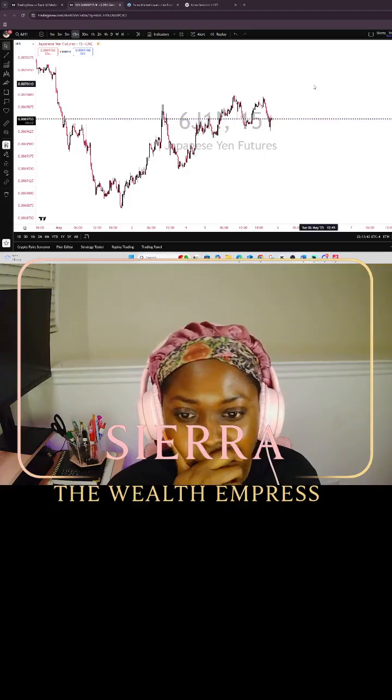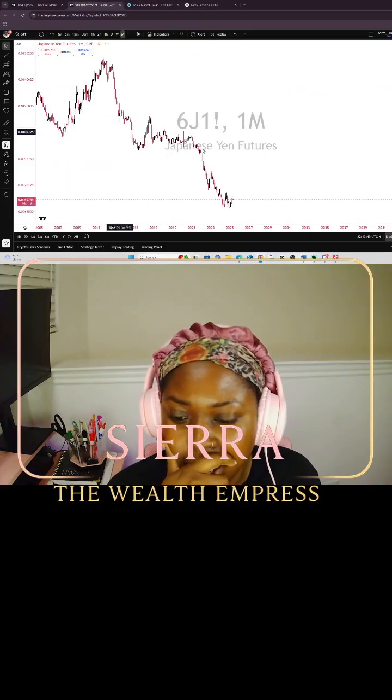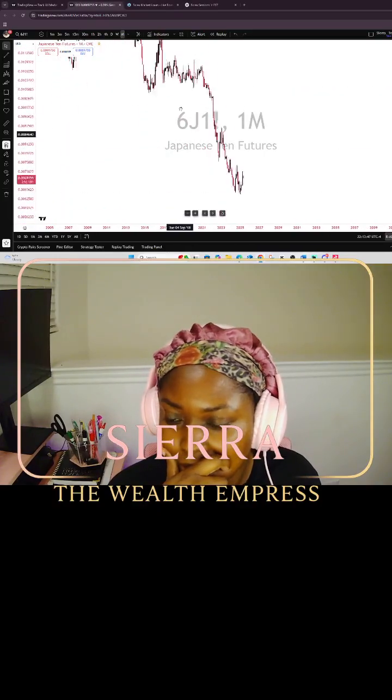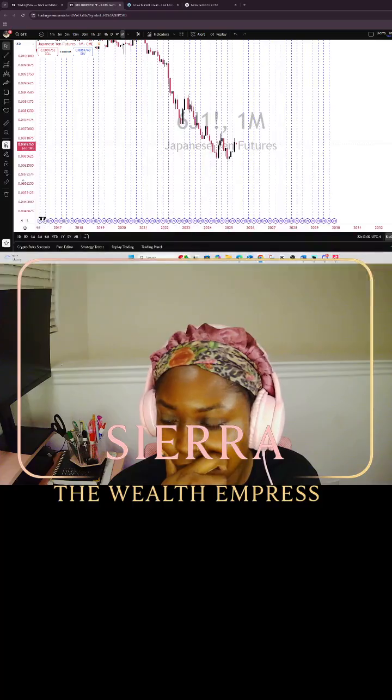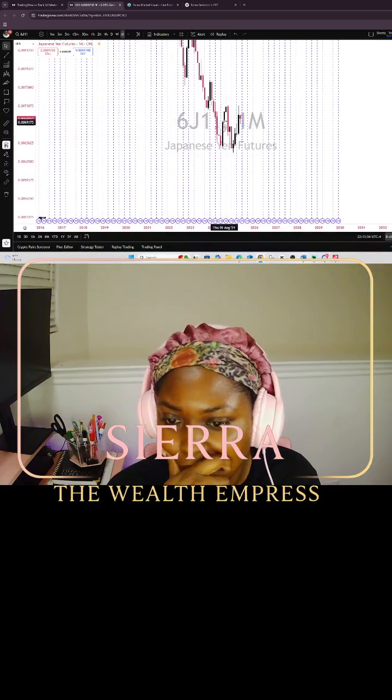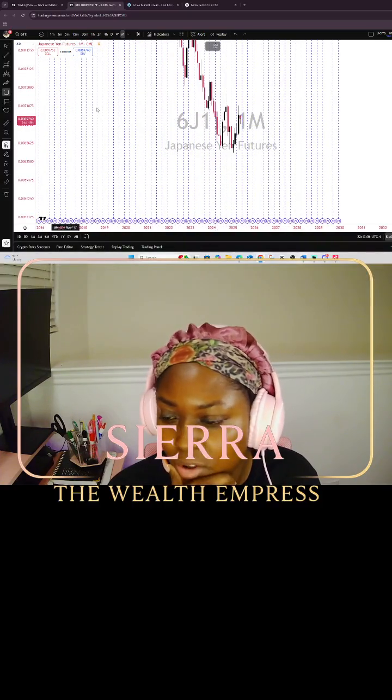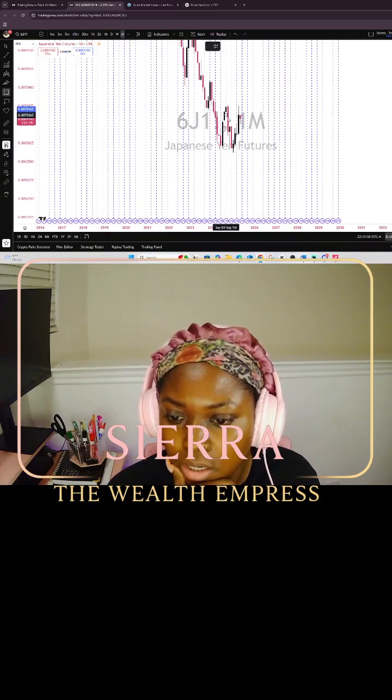So the yen looks like it's turning itself around. I had something marked up. Let's see. All right, so we'll go to the monthly. All right, we have a fair value gap right here on the monthly on the yen.